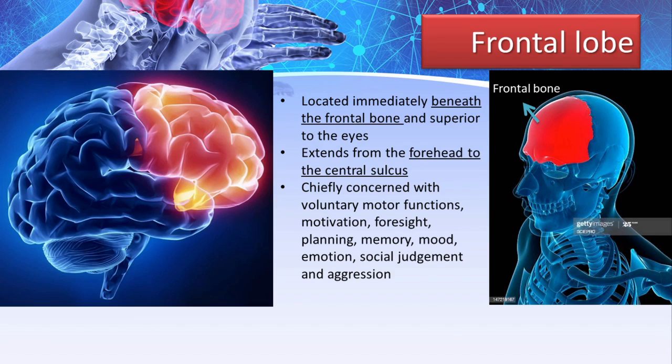So here the frontal bone is covering the frontal lobe of the cerebral hemisphere. In the right side picture you can see the frontal bone of the skull, and beneath this frontal bone the frontal lobe of the cerebral hemispheres is located, above the eye.